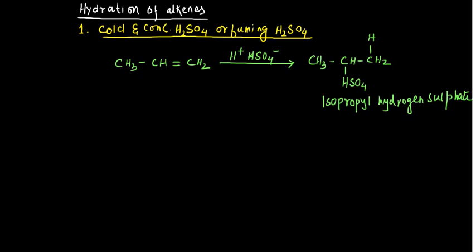Number one is, if you heat it at a temperature of 433 to approximately 443 Kelvin, it loses H2SO4. So this HSO4 and H is lost, and you can get back your propene.